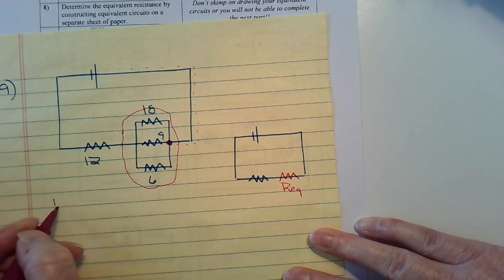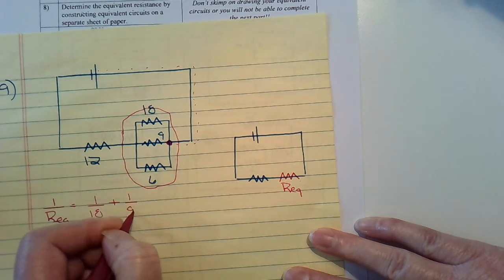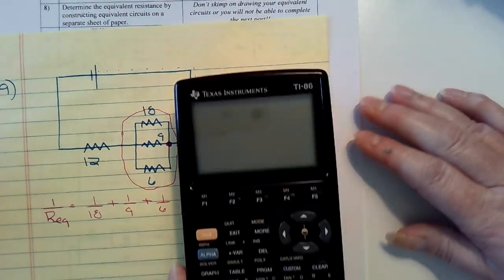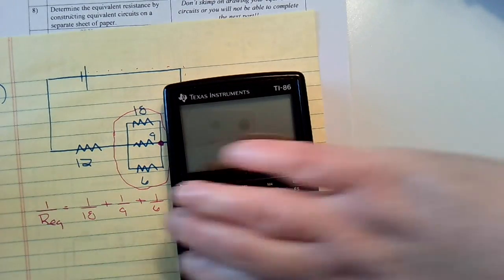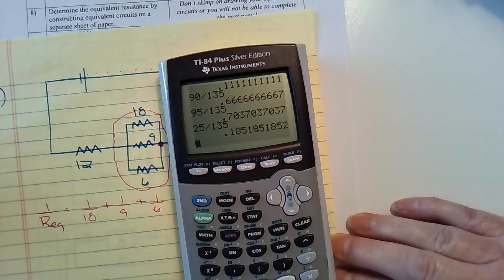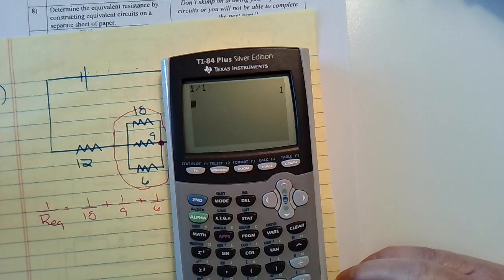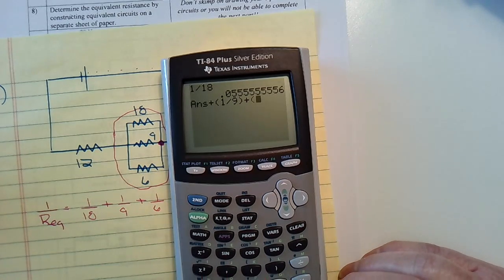Well, it would be 1 over REQ equals 1 over 18 plus 1 over 9 plus 1 over 6. You could work on common denominators and all that kind of stuff, or I could just do it in my calculator. Let me switch calculators for a minute and see if this one shows up better. Yeah, I think it does. Okay, so I'm going to do 1 divided by 18 plus 1 divided by 9 plus 1 divided by 6.